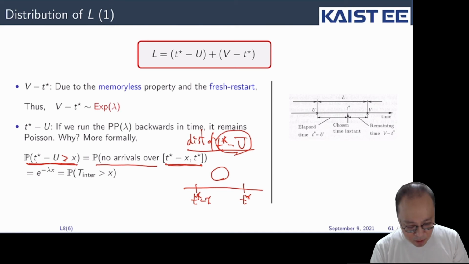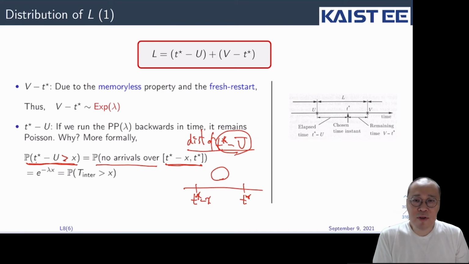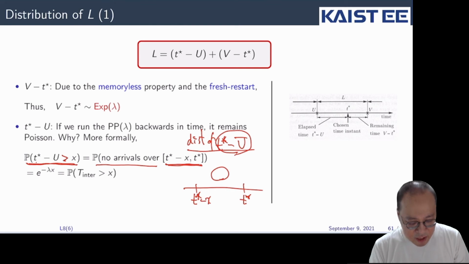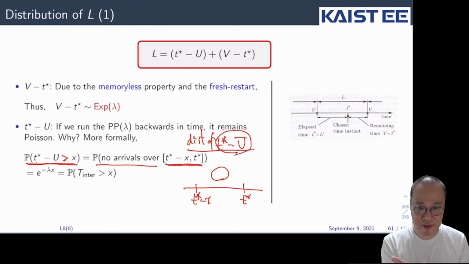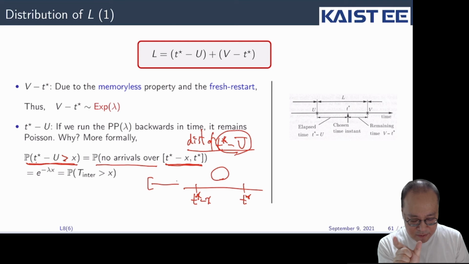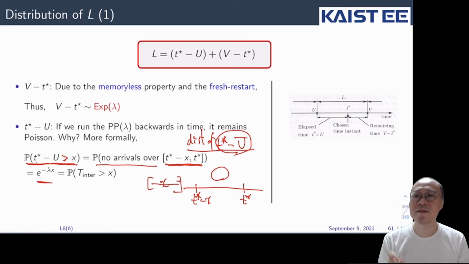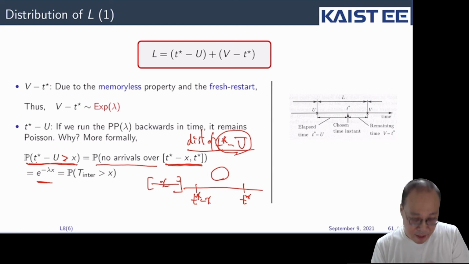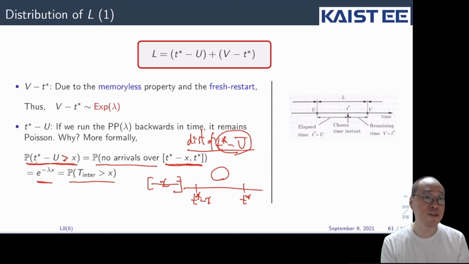Now, because this is the Poisson process and this is a time interval of length x, from the definition of the Poisson process, there are no arrivals over the time interval x with probability e to the minus lambda x. That is also equal to the probability that the inter-arrival time is larger than x.